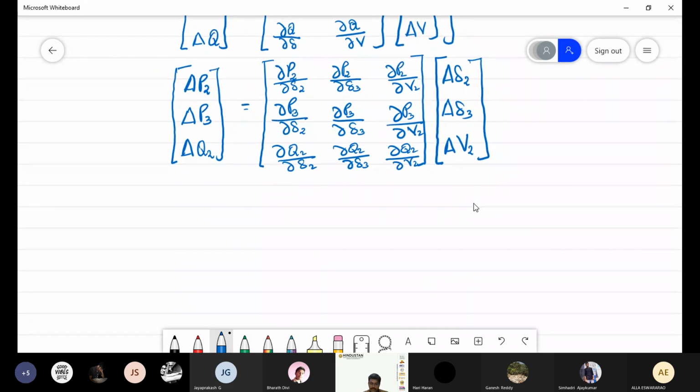So both things were written, and now we are in a position to find all the values, like the change in P, change in Q, and the values inside. Then we need to find the overall value. So now what we have to do is find the change in real power first.